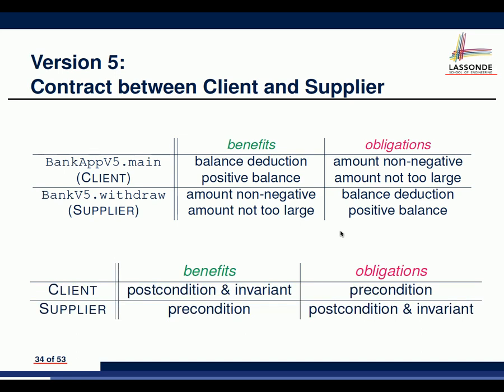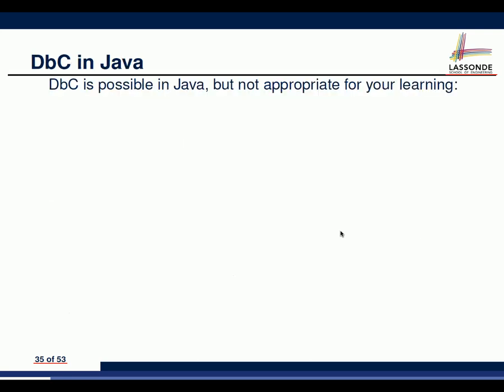For the clients, what are the benefits? Basically, they can get a postcondition from the supplier, the service, and also they can make sure the objects they are using are valid. That's the invariant, right? Symmetrically, the postcondition and invariant are the obligation for the supplier. So do review these tables very carefully to help you understand the rest of the course.